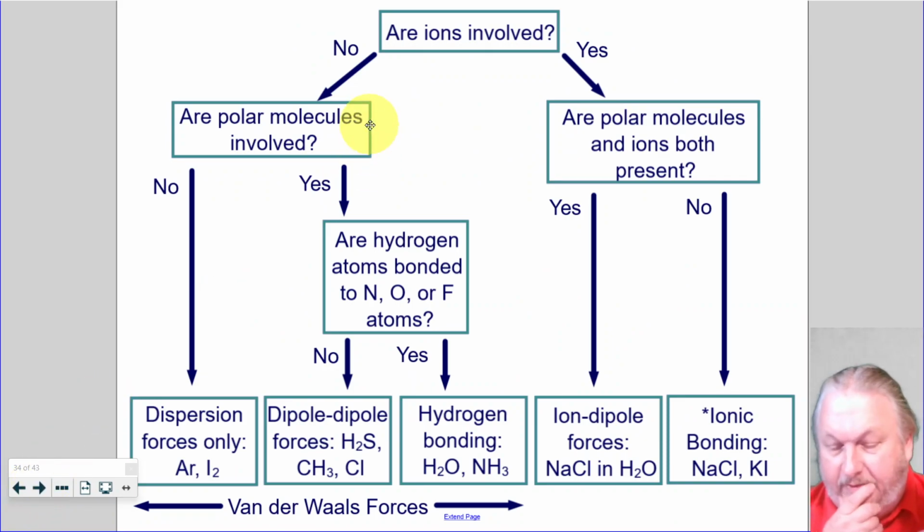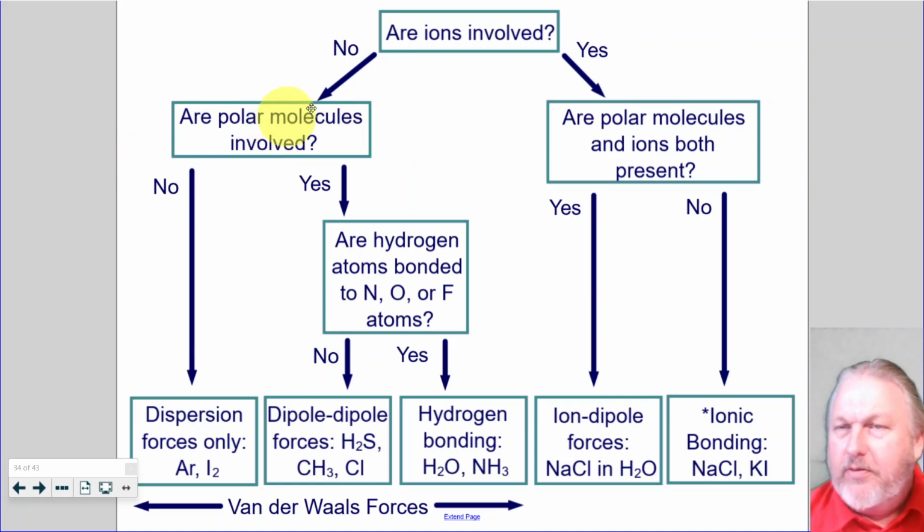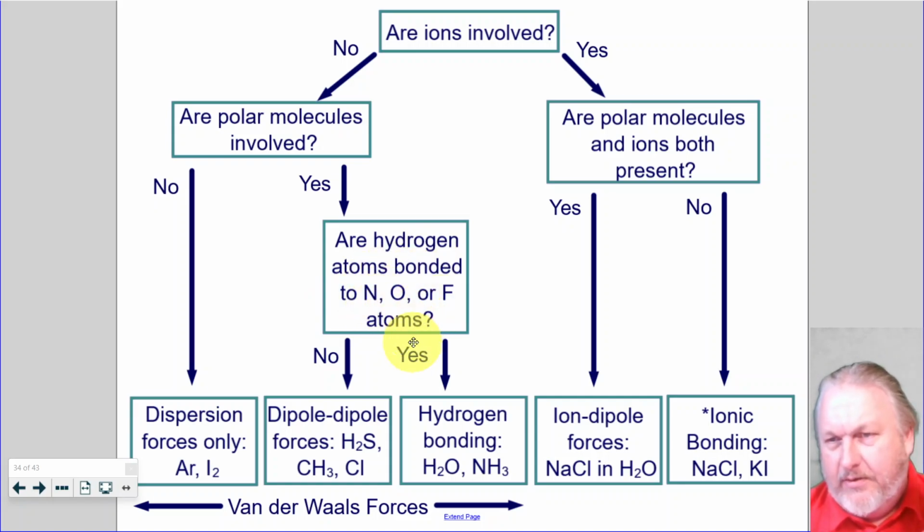So coming down to the end, this is a nice little flow chart to figure out what we have. Are ions involved? No. Then we ask, are polar molecules involved? No. Then we just have dispersion forces, LDFs. If we have polar molecules involved, then we ask, are hydrogen atoms bonded to a nitrogen, oxygen, or fluorine? Yes, then we could have hydrogen bonding.